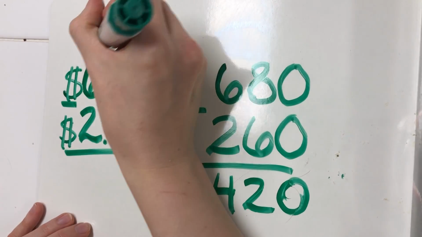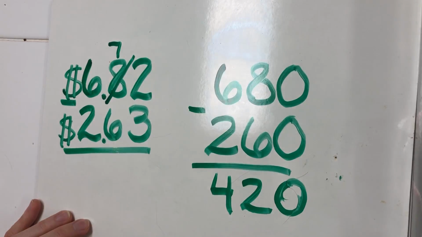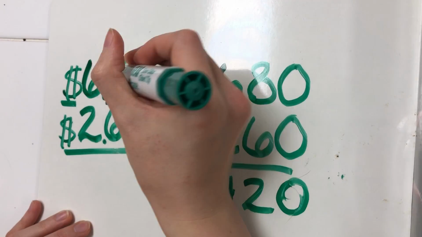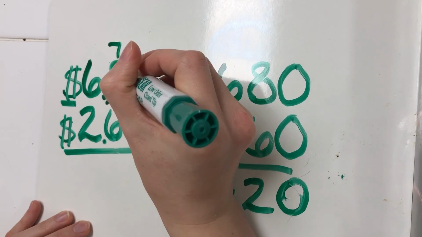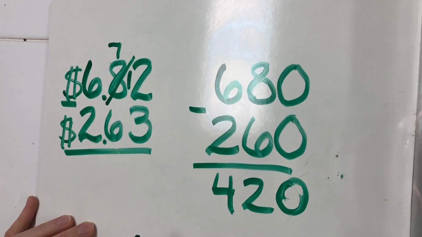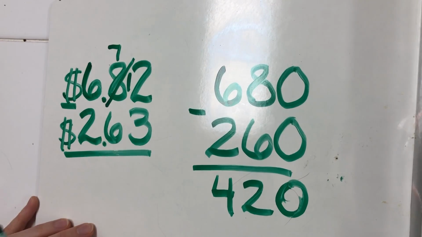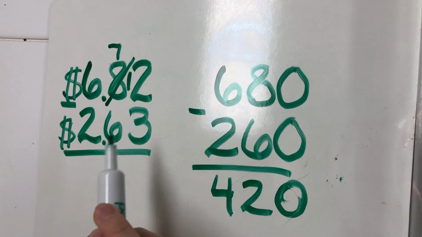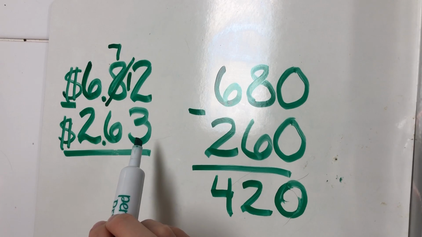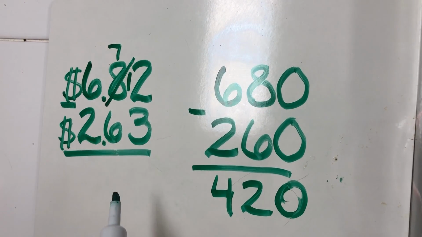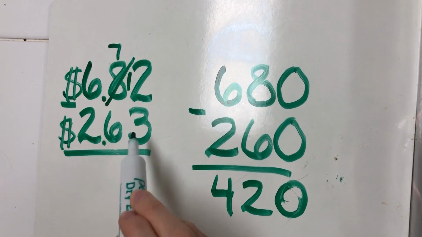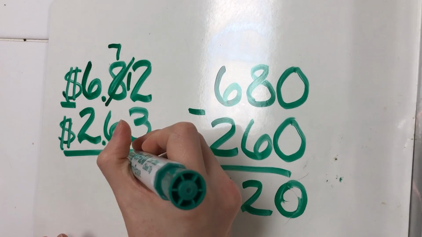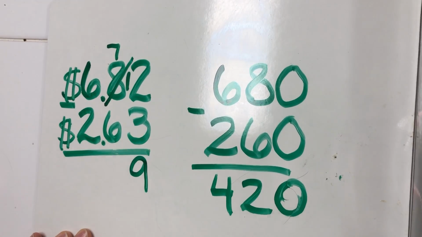I'm going to cross out the 8. And now it is 7. And I'm going to put the 1 that I just borrowed, the amount of 10, in front of this 2. So now this is 12. Now I can ask myself again, do I have enough ones? And yes, I do. I have enough ones now. So 12 minus 3, and that is 9.